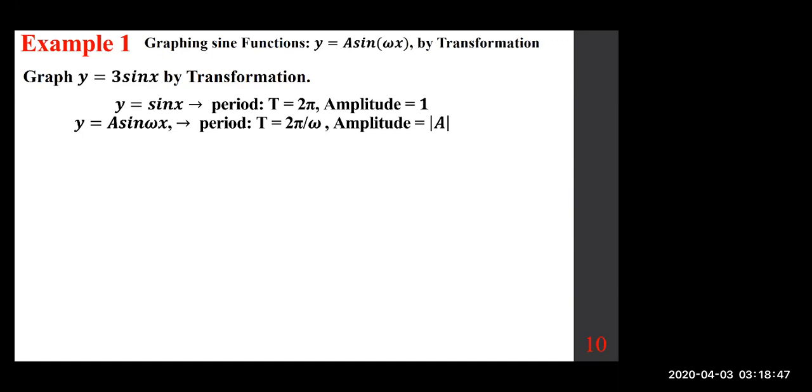Everything changes. Your period is 2 pi divided by omega now. You have to divide the 2 pi by the coefficient of x. What about the amplitude? The absolute value of the number sitting in front of sine.